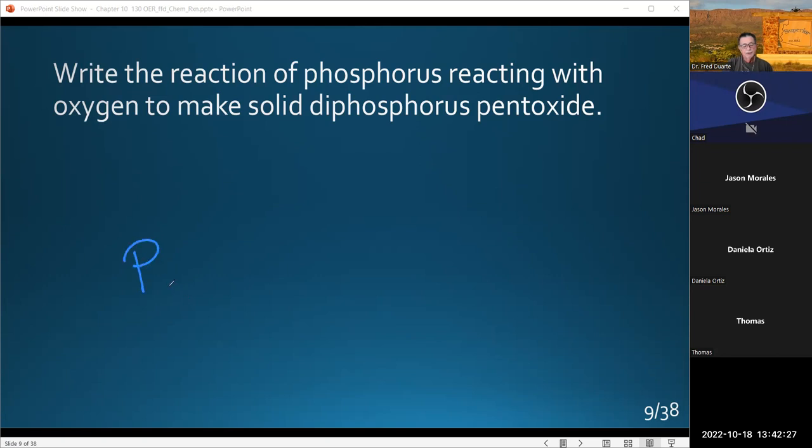Phosphorus, this is a solid, plus oxygen. Reacting with is our trigger words for the plus symbol. Oxygen, we know it's one of the diatomics, and that's a gas. To make is our keyword for the arrow, diphosphorus pentoxide.